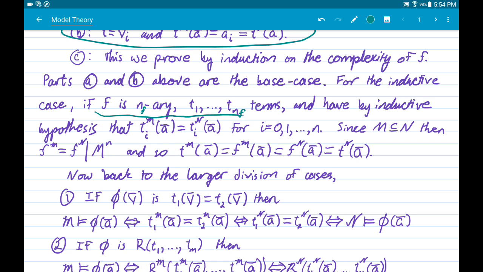We know that the terms do the right mapping, so if we take the restriction of the function, we get this chain of equalities. It's all fairly common sense, so I won't waste more breath on it, but I will continue the proof in the next video.